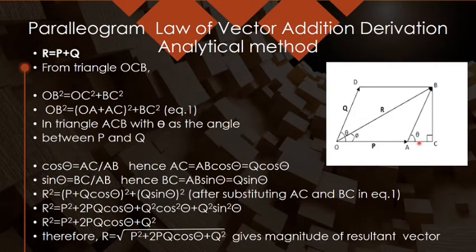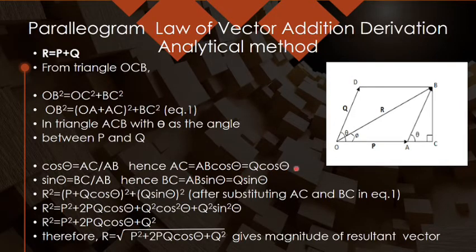I will be finding cos theta. Cos theta is base divided by hypotenuse, it means AC divided by AB. So you can write the value of AC as AB cos theta, or you can write Q magnitude, here you can put the modulus sign and vector sign, I am talking about the magnitude of Q vector, which comes out to be Q cos theta.